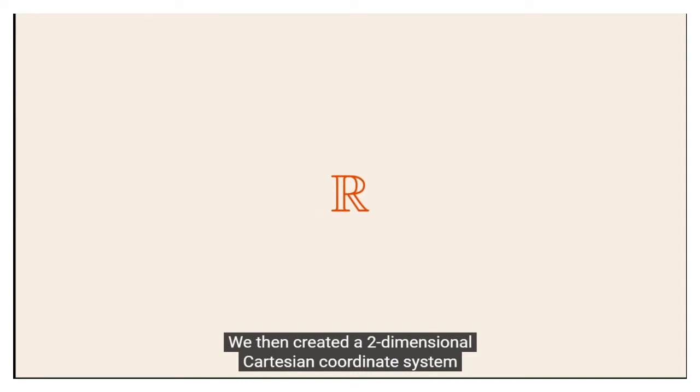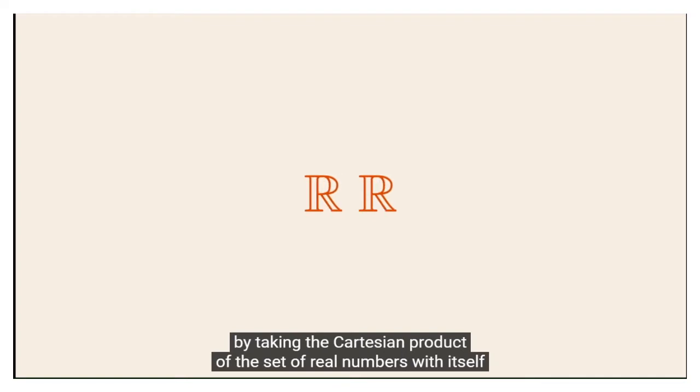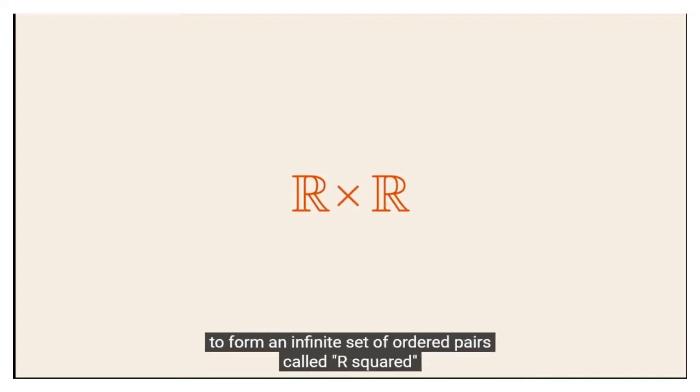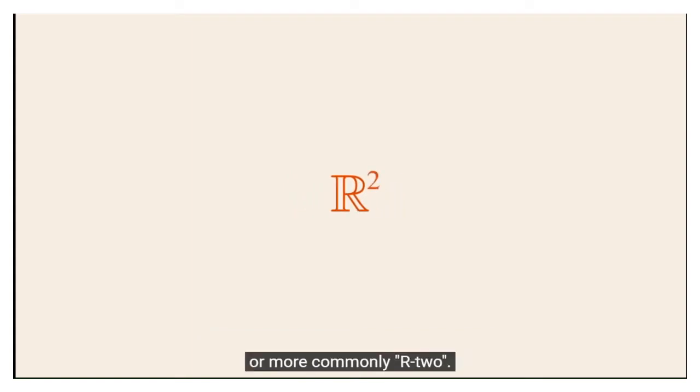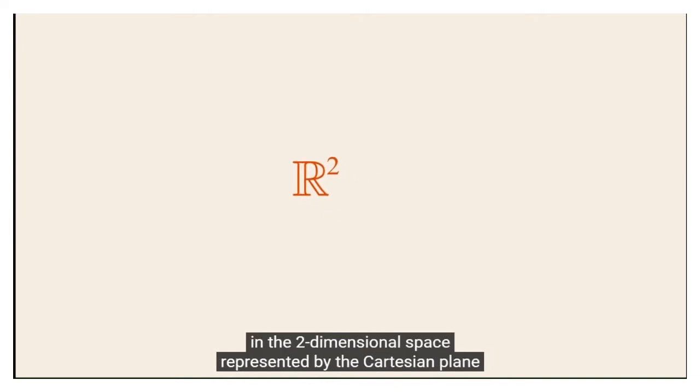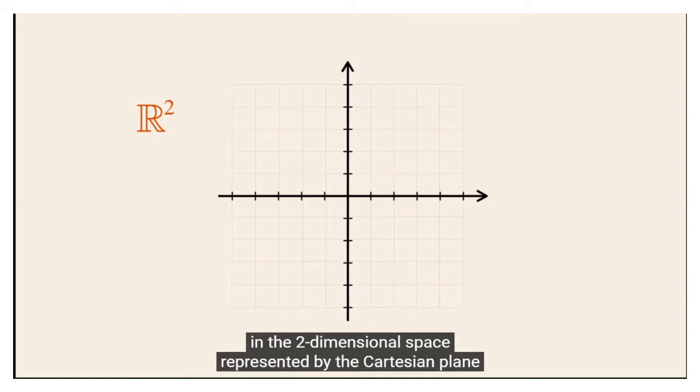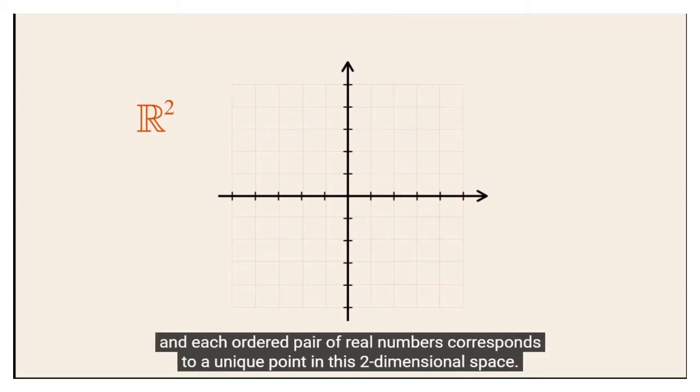We then created a two-dimensional Cartesian coordinate system by taking the Cartesian product of the set of real numbers with itself to form an infinite set of ordered pairs called R squared, or more commonly R2. R2 corresponds to a continuum of points in the two-dimensional space represented by the Cartesian plane, and each ordered pair of real numbers corresponds to a unique point in this two-dimensional space.